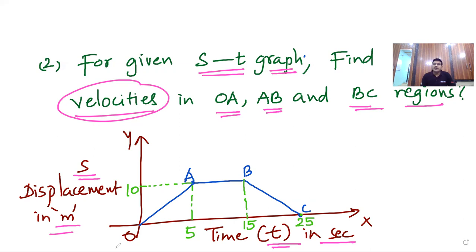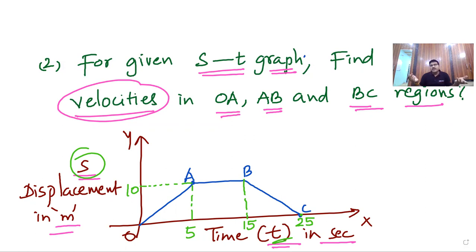This is the graph. So it requires the velocity in the OA region, AB region, and BC region. This is the displacement versus time graph. So what is the velocity? Velocity is nothing but the slope of that particular region: y2 minus y1 by x2 minus x1.